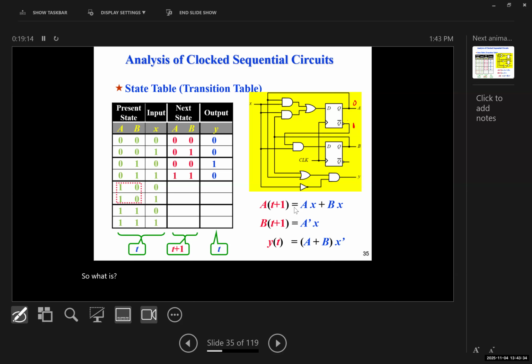What is B? What is Y? What is the next row? 1, 0, 0. And for the last two rows, A and B are 1, 1. X is 0.